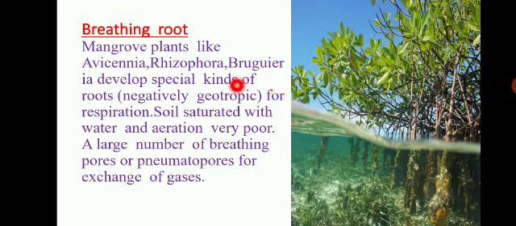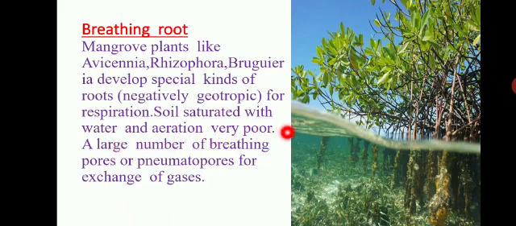Some plants like Avicennia, Rhizophora and Bruguiera contain a breathing root, because the soils are normally saturated and aeration is very poor. Some swampy land looks like muddy soil with saturated water.